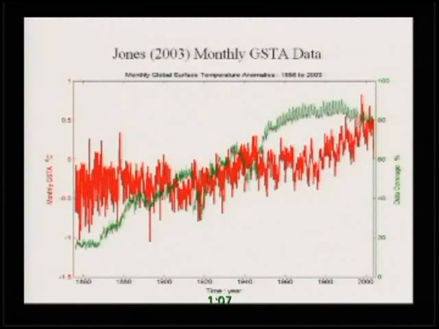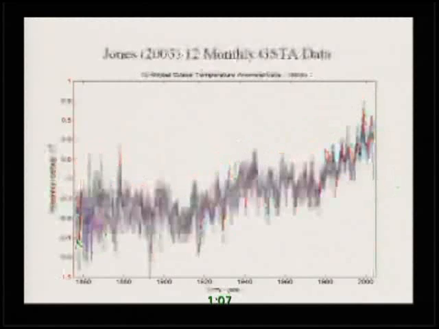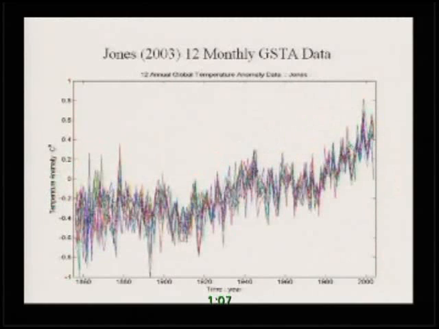The answer is no. The reason is that if you use January plus February plus March plus April and all the way, what you did was exactly like you downsample the data 12 times.